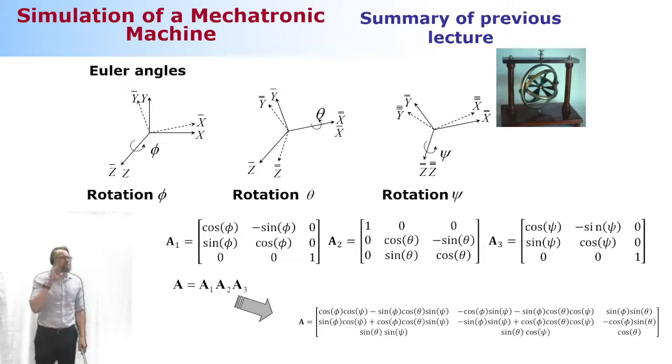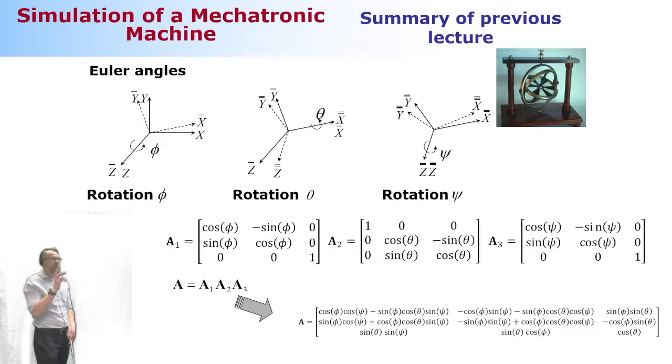Because remember, the concept is based on three successive rotations. So the key component here is successive rotations. And that's why, using this sequence of rotations, which is z, x, z, I can put this coordinate system in any orientation I want in three-dimensional space. I'm going to show you an example momentarily.